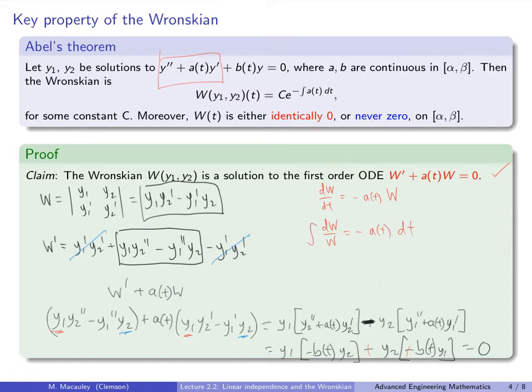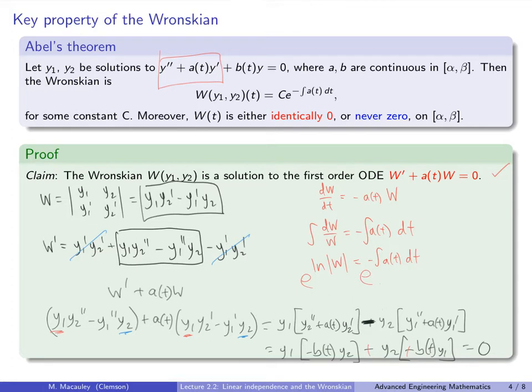Let's integrate both sides. We get the natural log of w is, well, I guess nothing really new, the integral of a of t dt. So now let's exponentiate both sides.